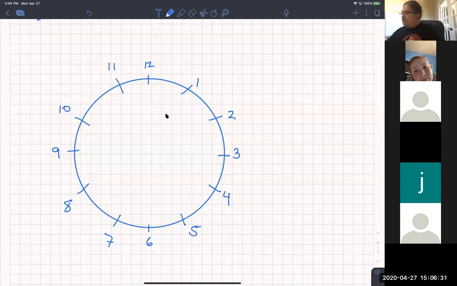Okay. So here's your center. The big hand is on 12 and the little hand, say, is at 1. What would be the angle measure here in degrees? Well, think about it. How many small wedges do you have? If it's 12, 12 wedges. So each wedge is how many degrees?